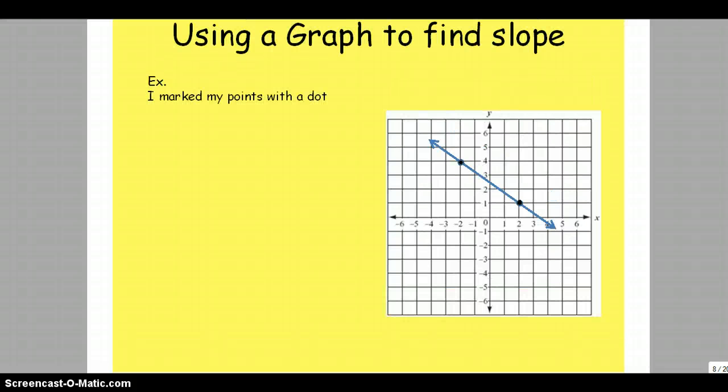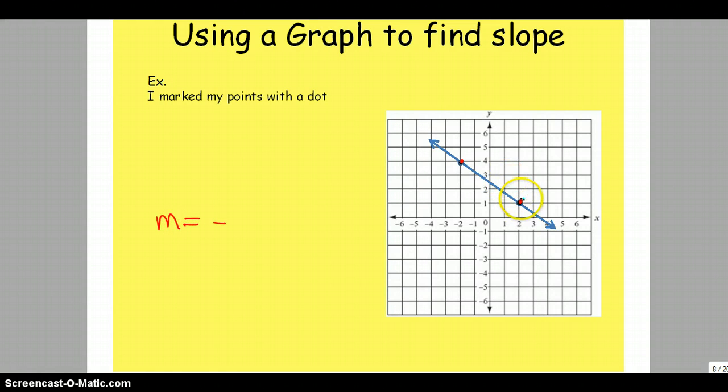Now let's take a look at this one. Again, my points are marked with a dot, and notice they are at precise intersections. You may have to look a little bit to find it, but I promise whenever I give you one of these problems that it will always be there. So let's see how much we rise. Well, first, what kind of slope do I have? I have a negative slope. So I know that slope is going to equal negative something.